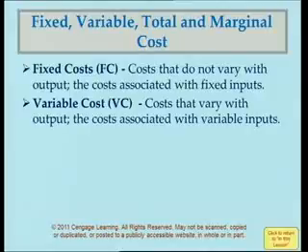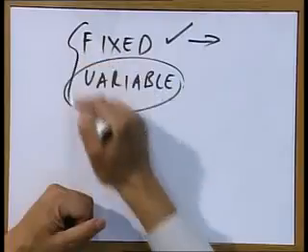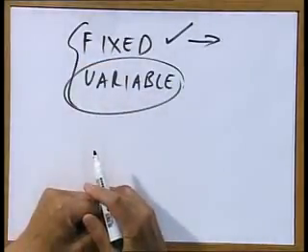Say, if your labor is your variable input, then your variable cost will increase as you produce more, and decrease as you produce less. So these are the two main costs that we have, fixed and variable cost.